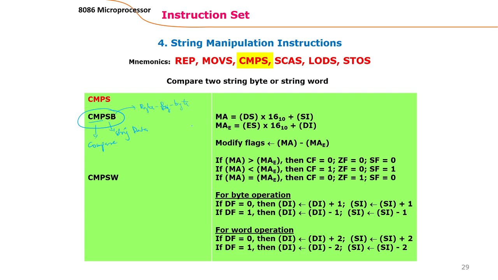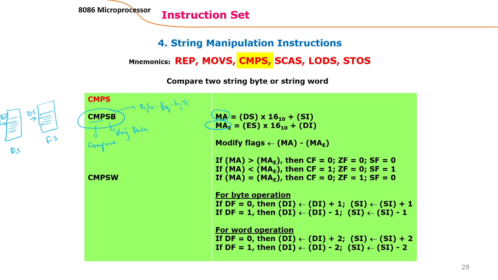Here we compare the data available in the data segment and the data available in the extra segment, and their addresses. In the extra segment the offset address will be given by the destination index, and in the data segment the offset address will be given by the source index. This is how we calculate the memory addresses of source and destination.